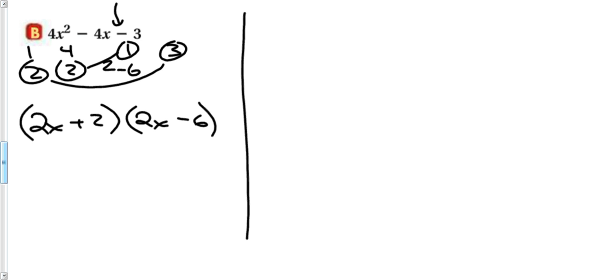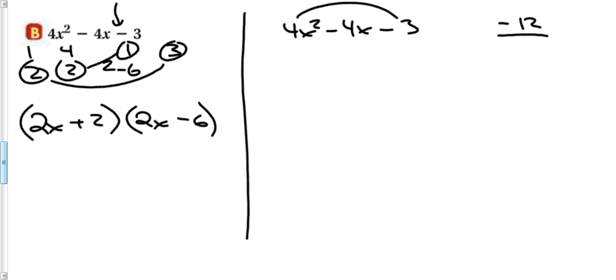Let's do grouping. So 4x squared minus 4x minus 3. Multiply the 4 and the 3 together. I get a negative 12. So my factors of this have to be 1 and 12, 2 and 6, which do subtract to 4 if the 6 is negative. Those combine to give me negative 4, positive 2 and negative 6.